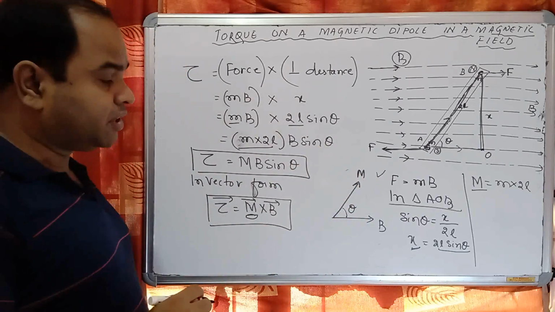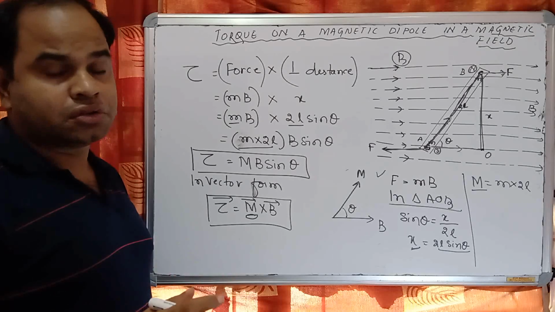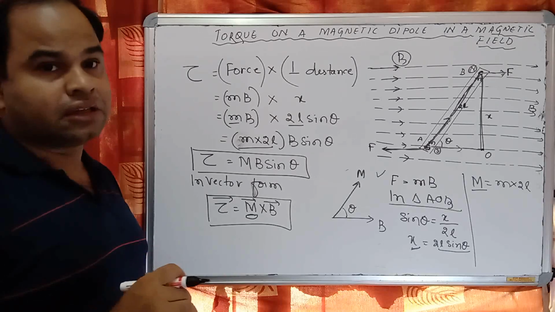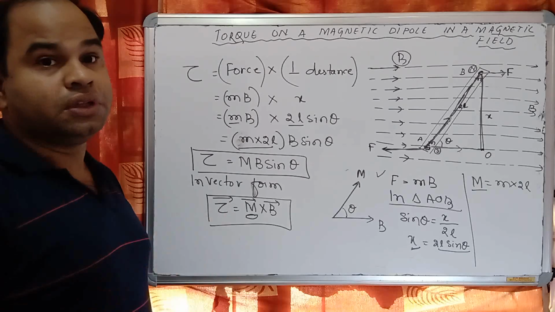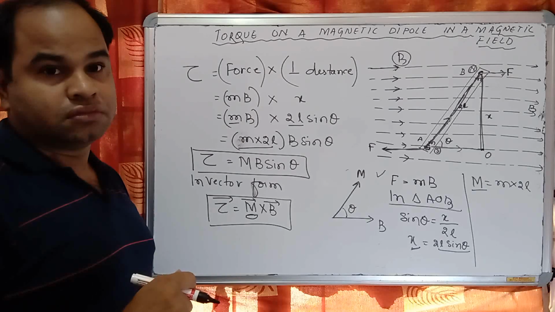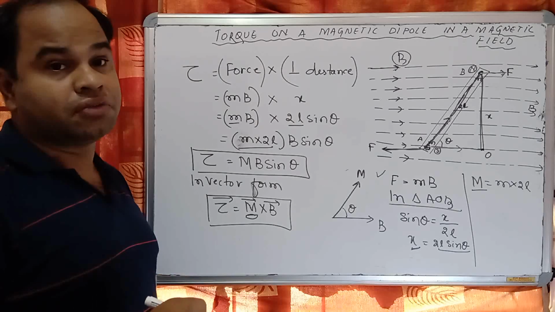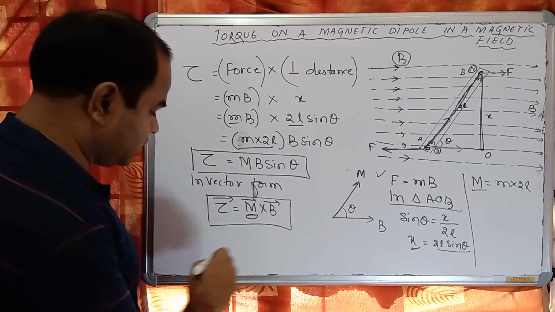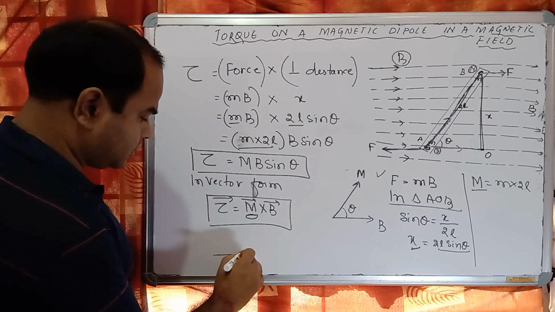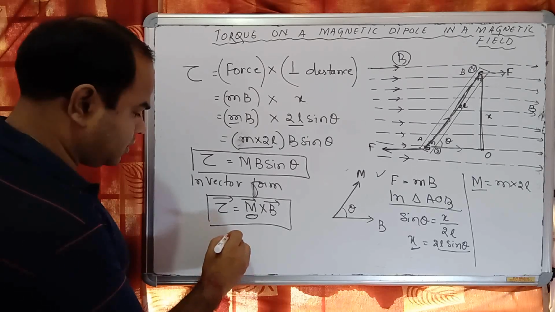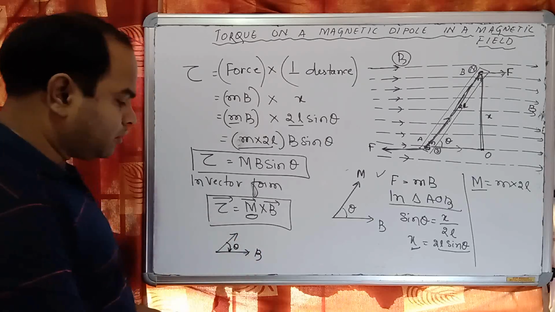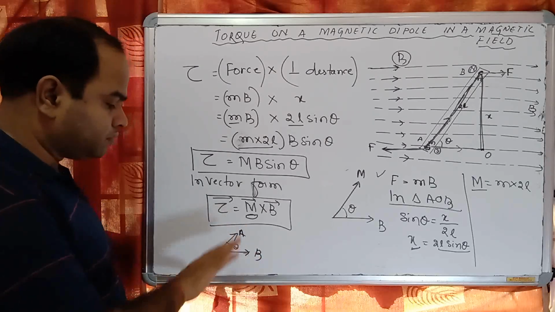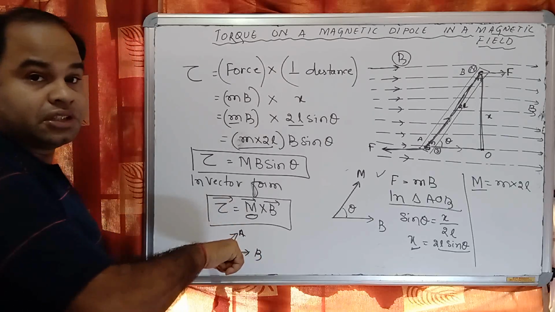We know that if A cross B is there in vectors, you have to rotate from A to B, and the direction of the thumb gives the direction. If this is A and this is B and this is theta, we rotate from A to B, and the thumb gives the direction.